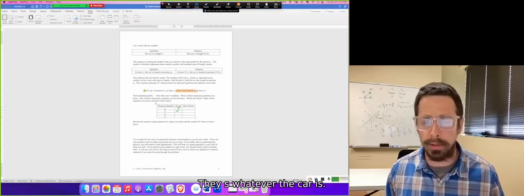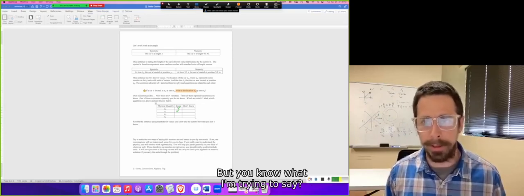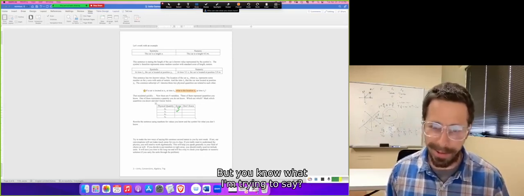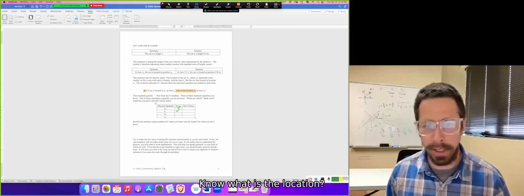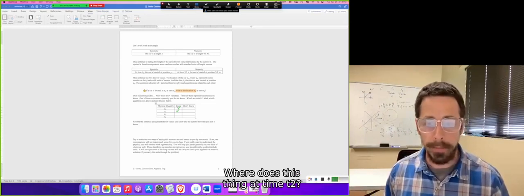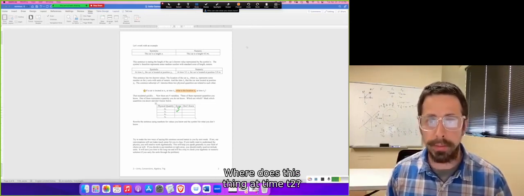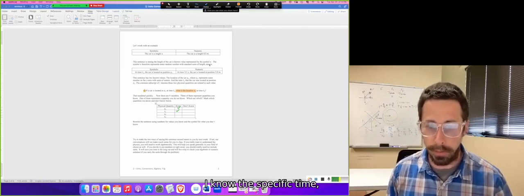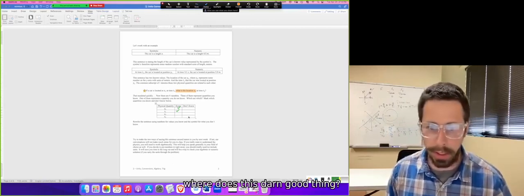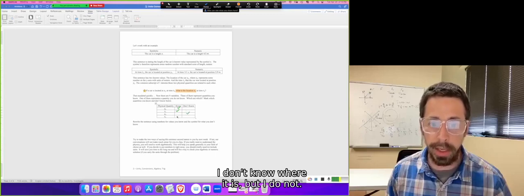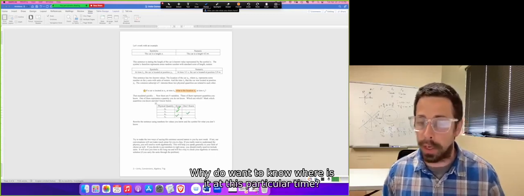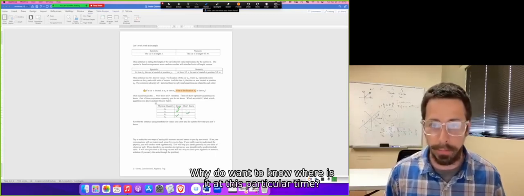Where is it? What is the location? Where is this thing at time t2? So I know the specific time. Just like at this time, where is this darned thing? So I don't know where it is, but I do know when. I do want to know where it is at this particular time.